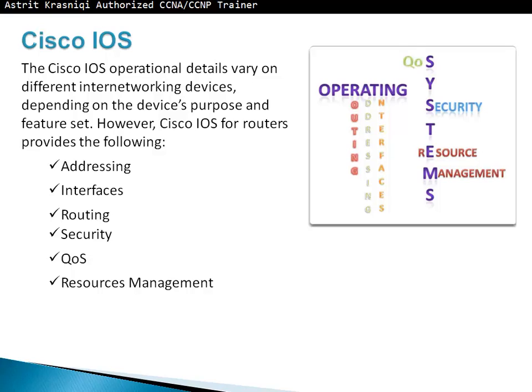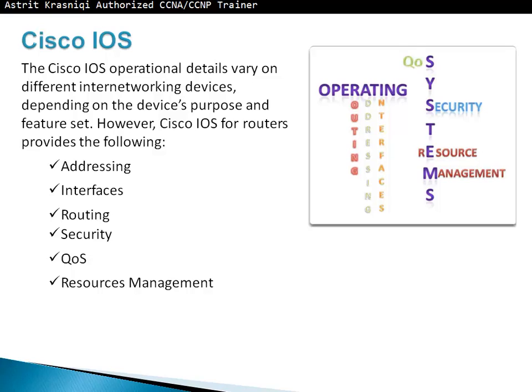Think of the features as extra features you will buy with the new version of the operating system. For example, if you compare Windows 10 with Windows XP, Windows 10 gives you a lot more features than Windows XP. Same with IOS. The higher the IOS, the better, with more features.